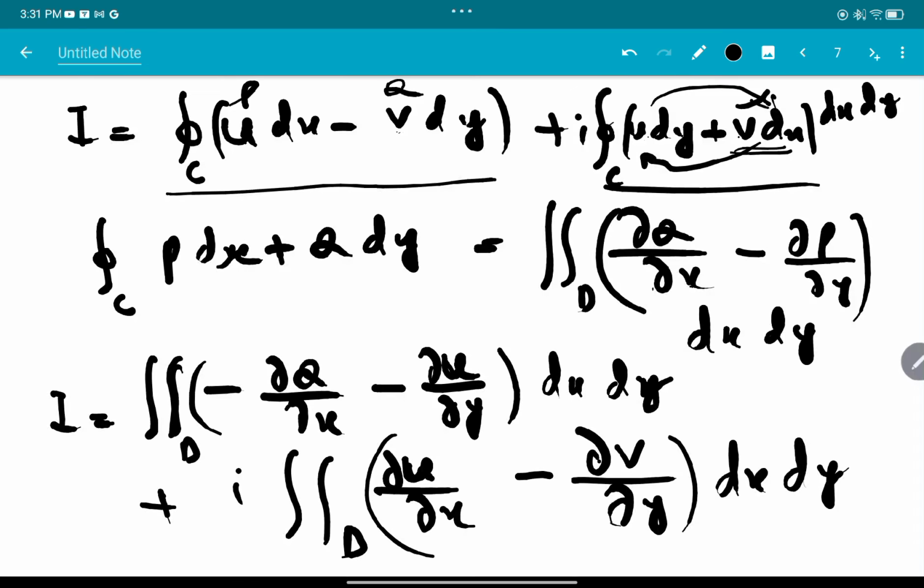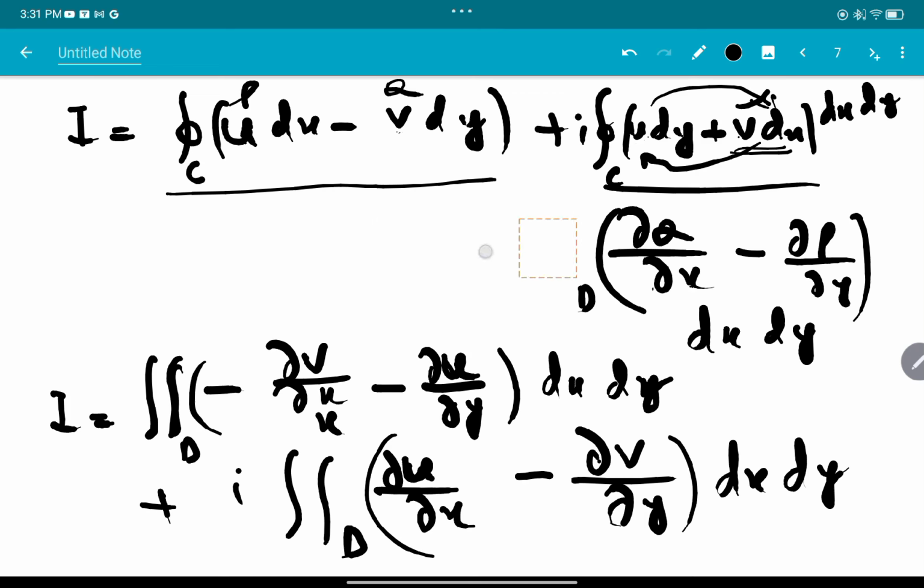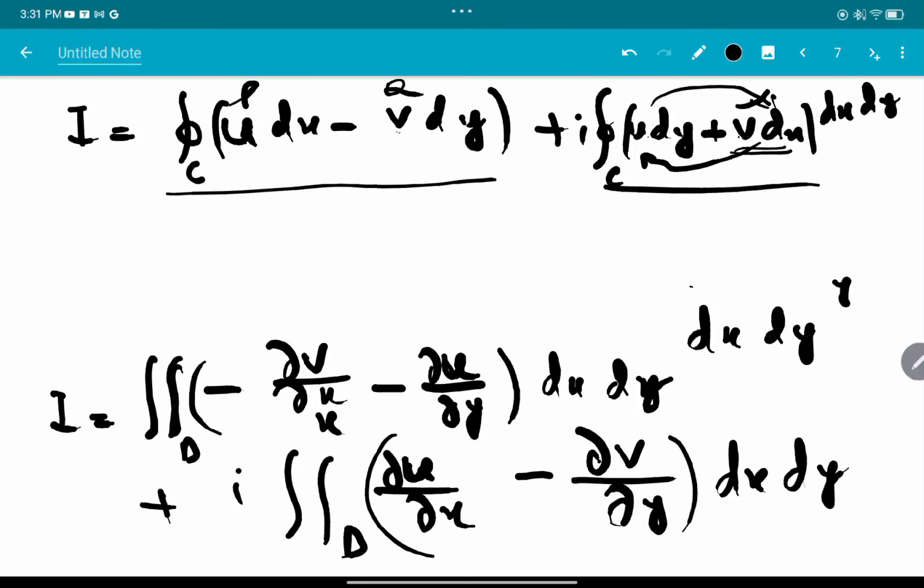See now, sorry, it is dq. Q in the first case was v, so it is del v by del x. Now dear, you know that by CR equations, so far as CR equations are concerned, I will remove this Green's theorem here and in place of that I will write CR equations. According to CR equations, ux is equal to vy, number one.